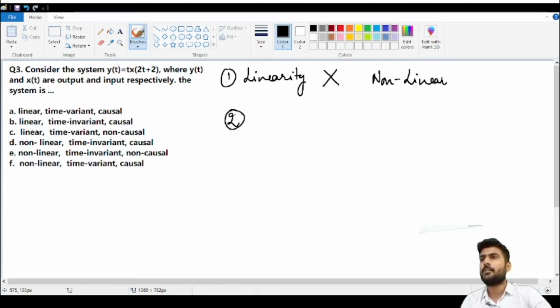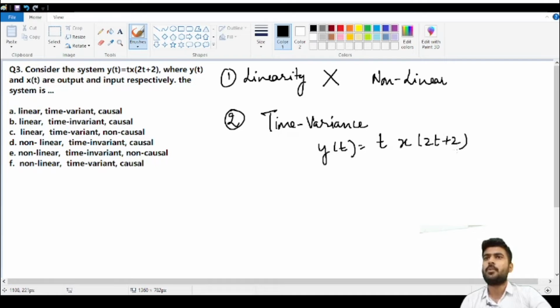The second condition we have to check is time variant or time invariant. The output here is given as y(t) equal to t times x(2t + 2). So we can clearly see that the output is not only dependent on the input signal but also on the time instant.